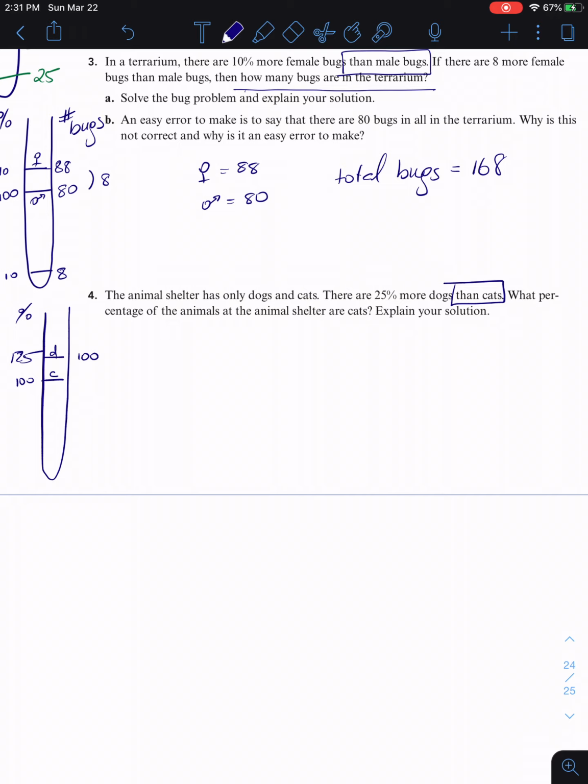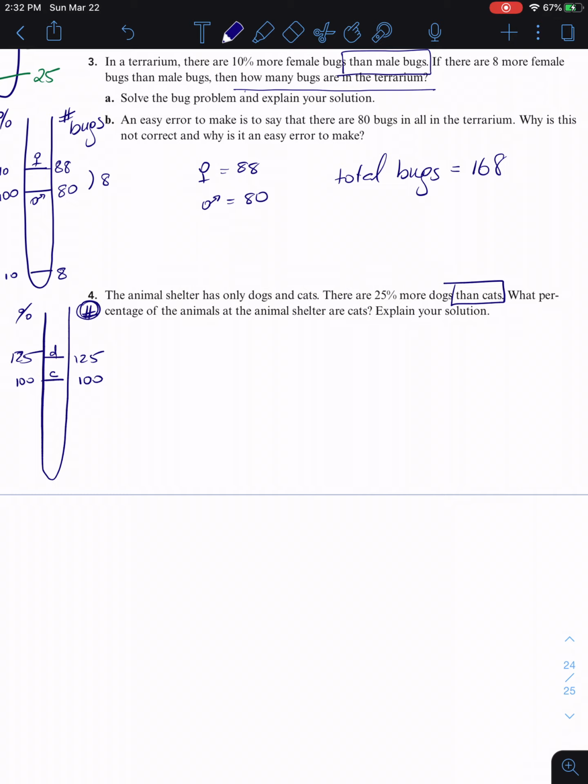Okay. And we want to know, is that what we want to know? Let's see. Because in the actual question, it doesn't tell us what this variable is. So it's really up to us how we can represent it. If there are 25% more dogs than cats, then we could say that maybe this is the number of animals that we have. And let's say we have 100 cats and 125 dogs.